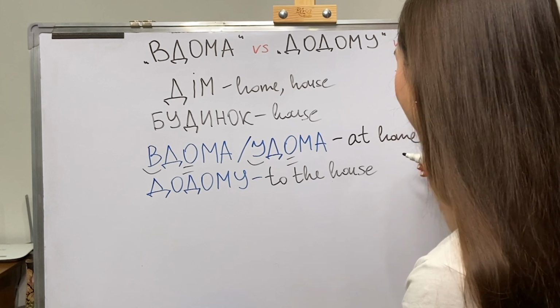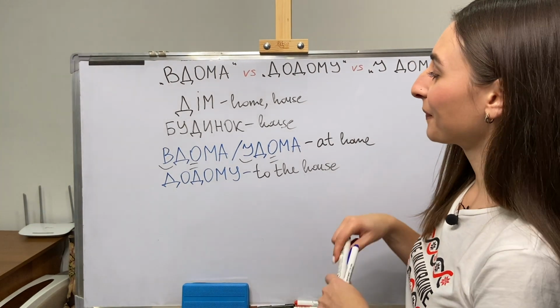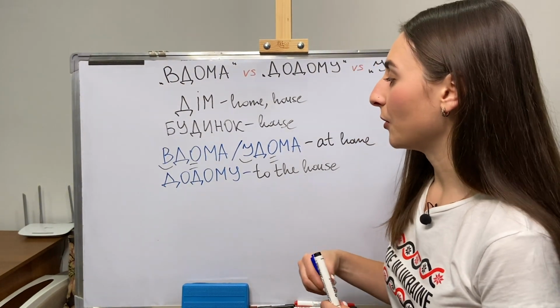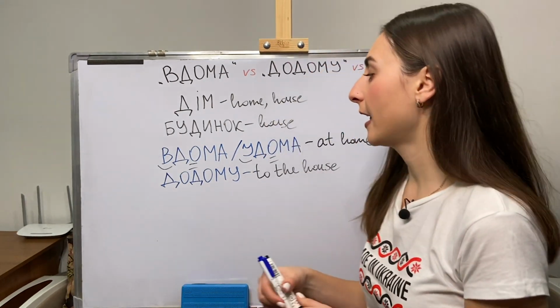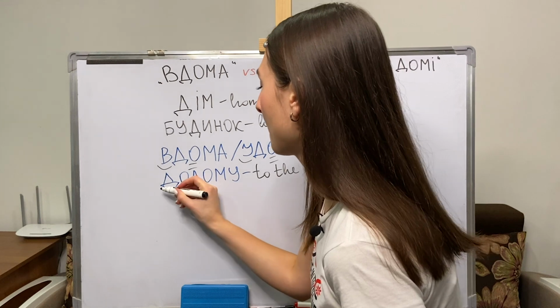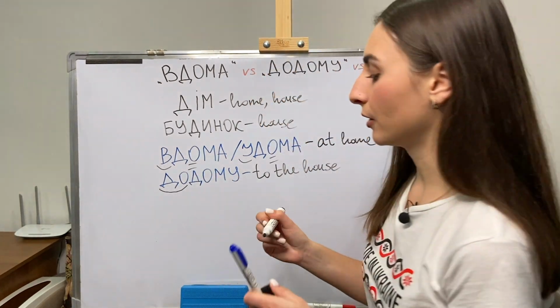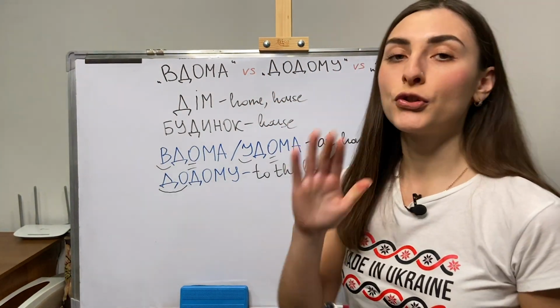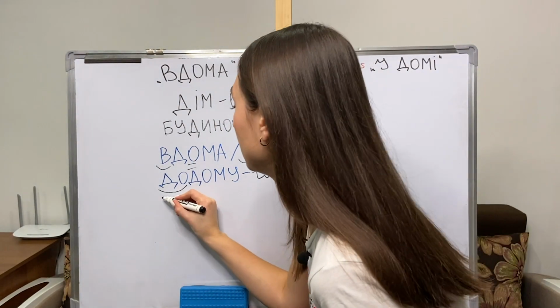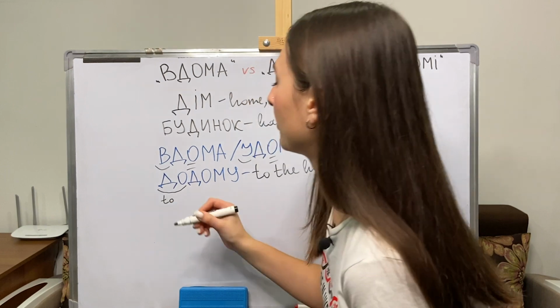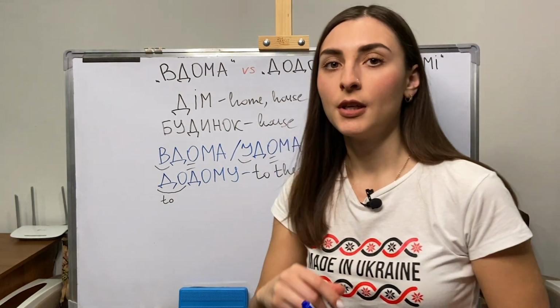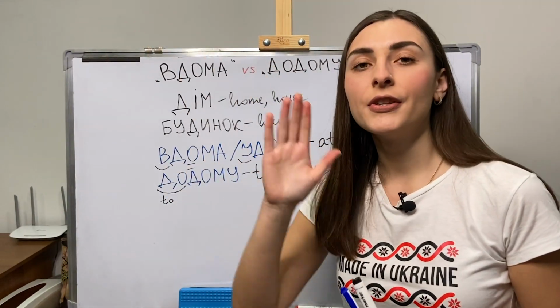Yes, it has a very interesting meaning. Let me explain you. So we formed this adverb with the help of preposition до, and preposition до means to in English. It means to, at the preposition of movement. To the house, to the office.